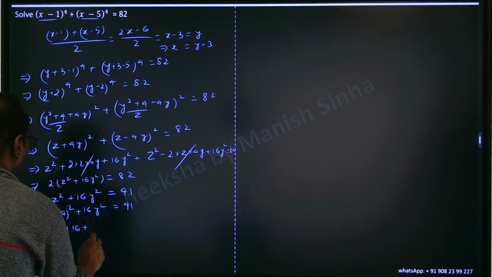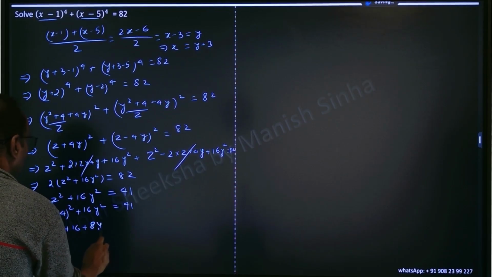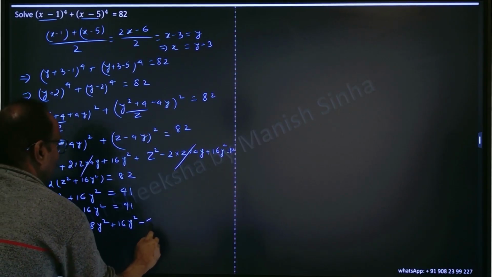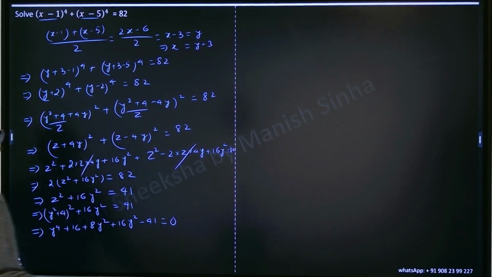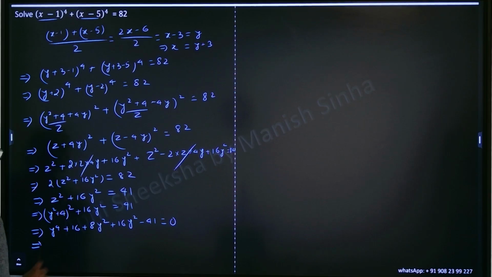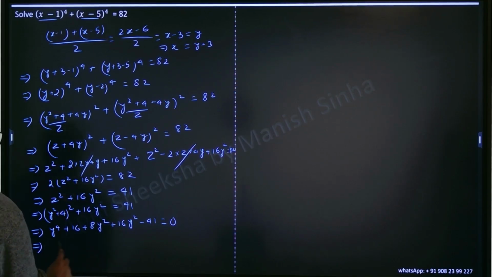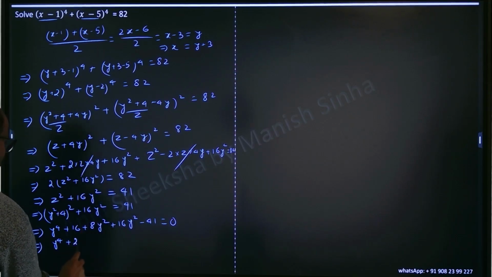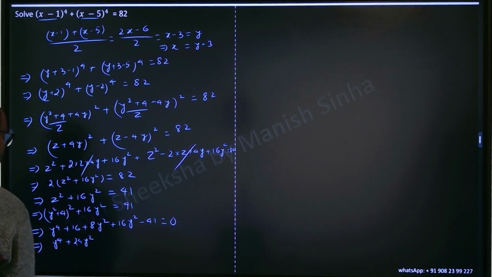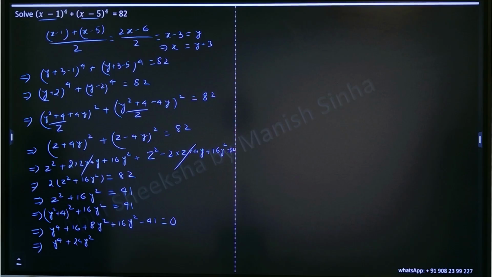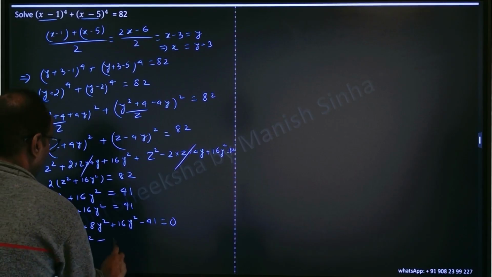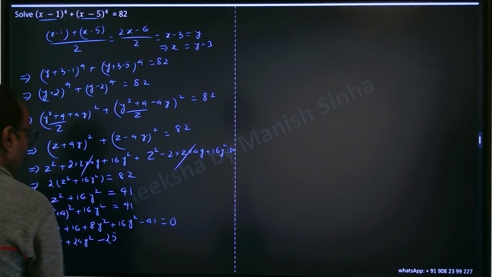2 into 4y square means 8y square. Now you can bring this in the quadratic form. 8y square plus 16y square is 24y square. 16 minus 41, that will be minus 25.